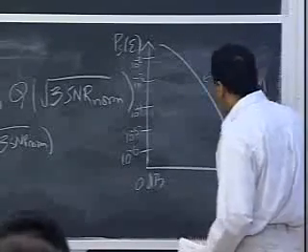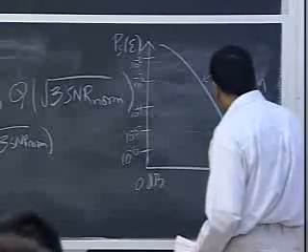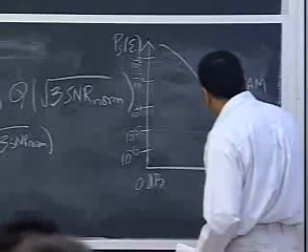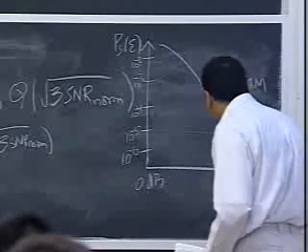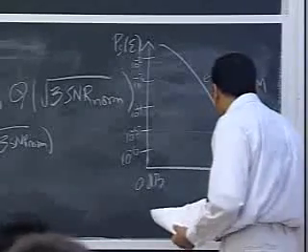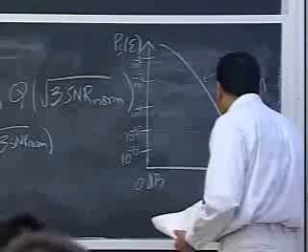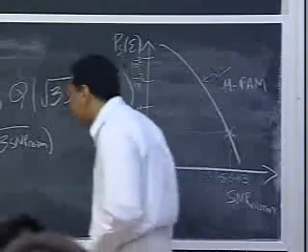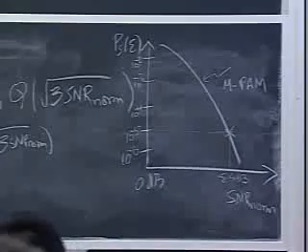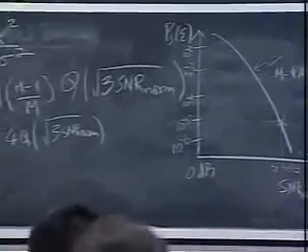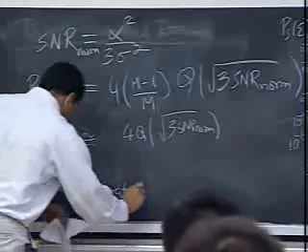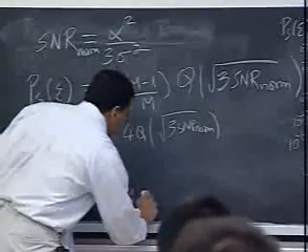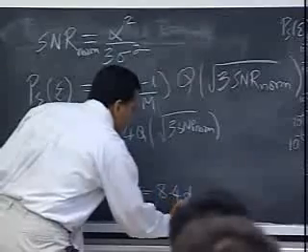And again at 10 to the minus 5, which will be the kind of performance criterion we'll be using throughout this course, we will see that this point on the x-axis is 8.4 dB. So in this case, the gap to capacity is going to be 8.4 dB.